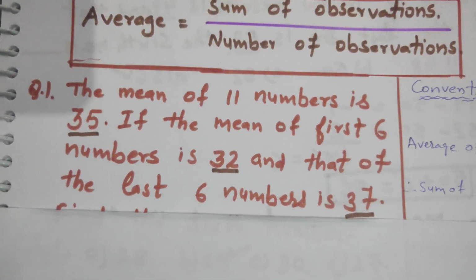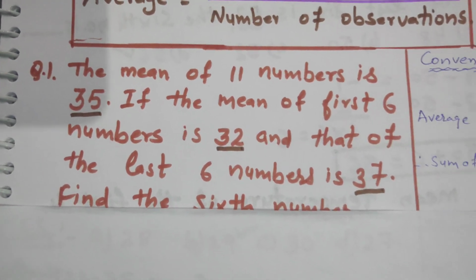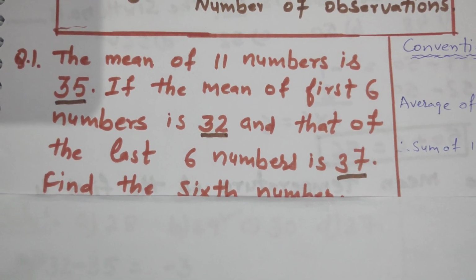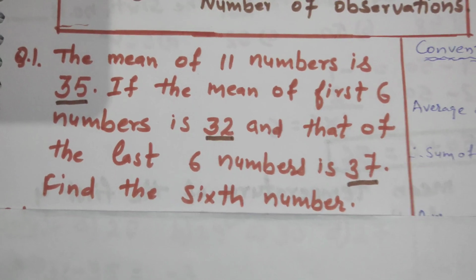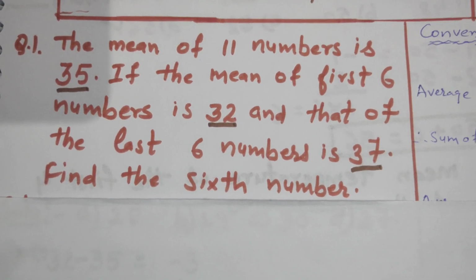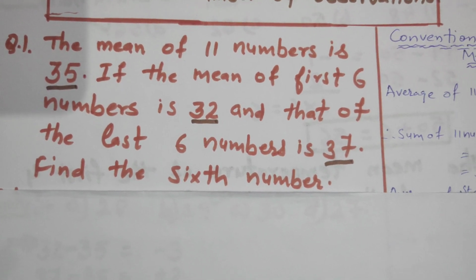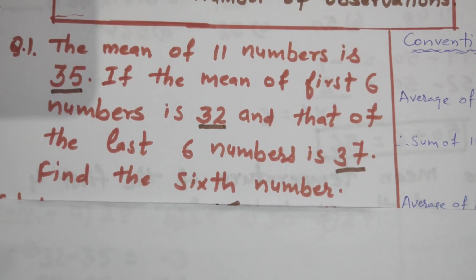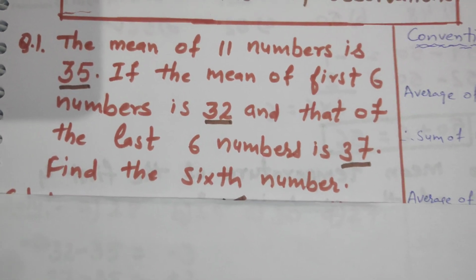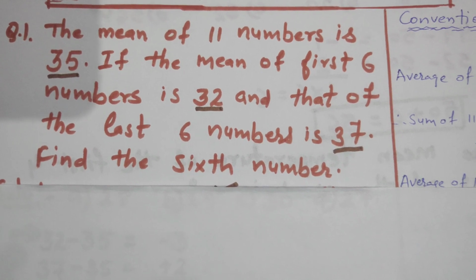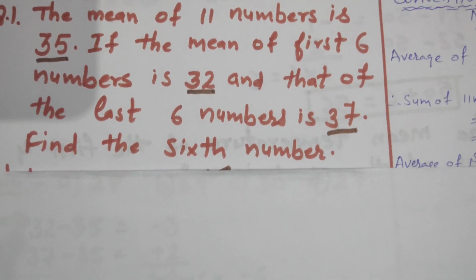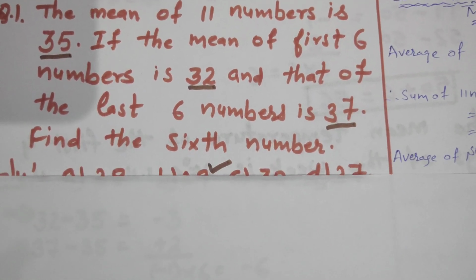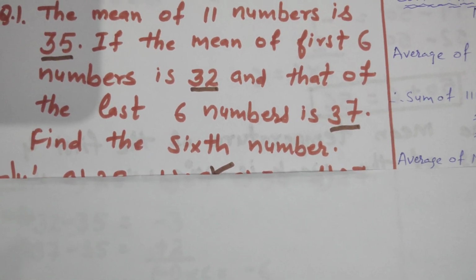Now let us come to our first question. The mean of 11 numbers is 35. Okay, there are total 11 numbers, average of whose is 35. Now breakup is given. If the mean of the first 6 numbers is 32 and that of the last 6 observations is 37.